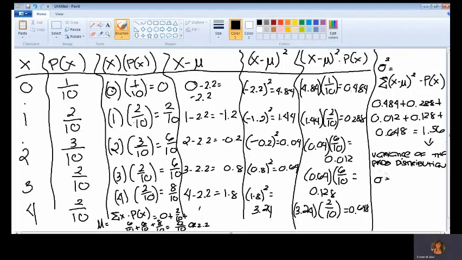The square root of 1.56 will give us an answer of 1.25. So this will be our standard deviation.